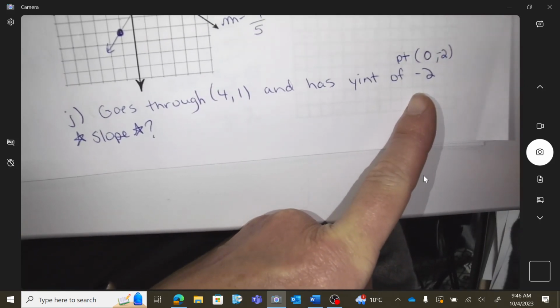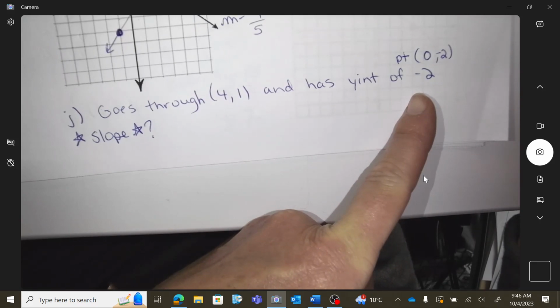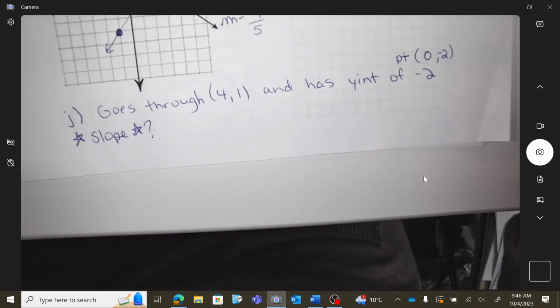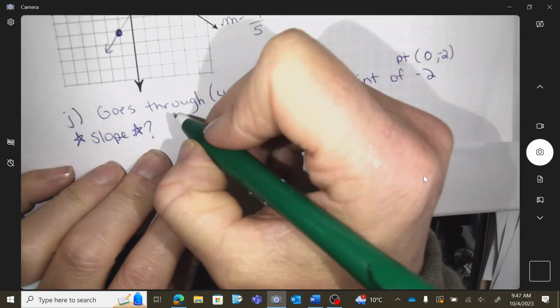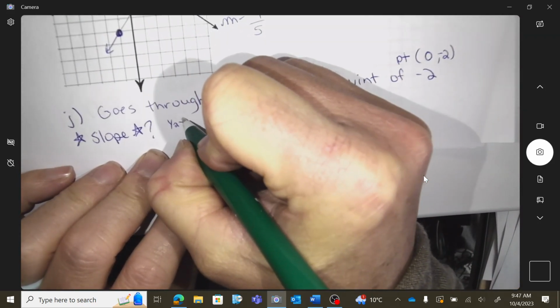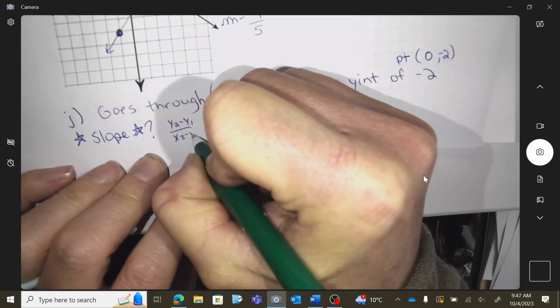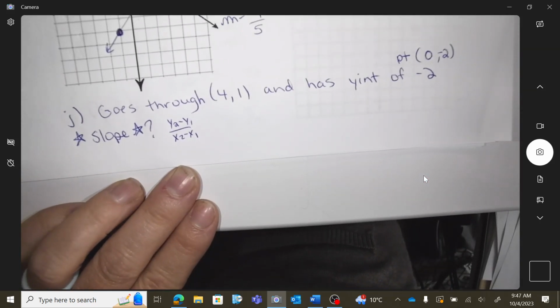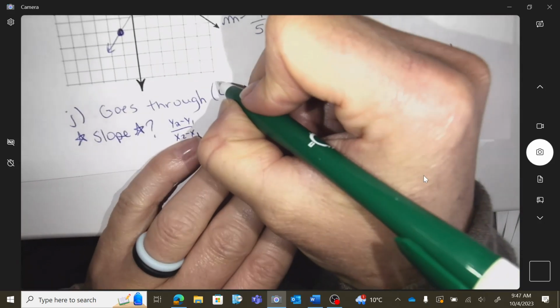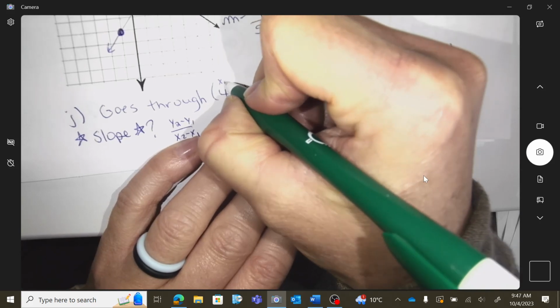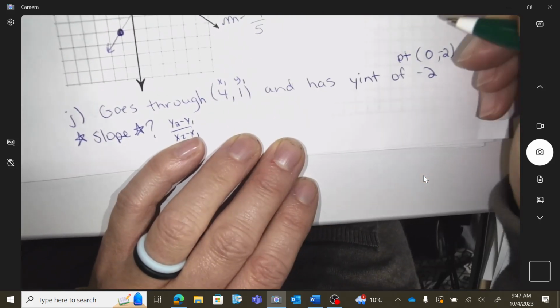0, -2. Right? A y-intercept is actually a coordinate with a 0, -2. Now, how's my method of finding my slope going to happen? y2 minus y1 over x2 minus x1. Remember that formula? So this would be the first x, the first y.